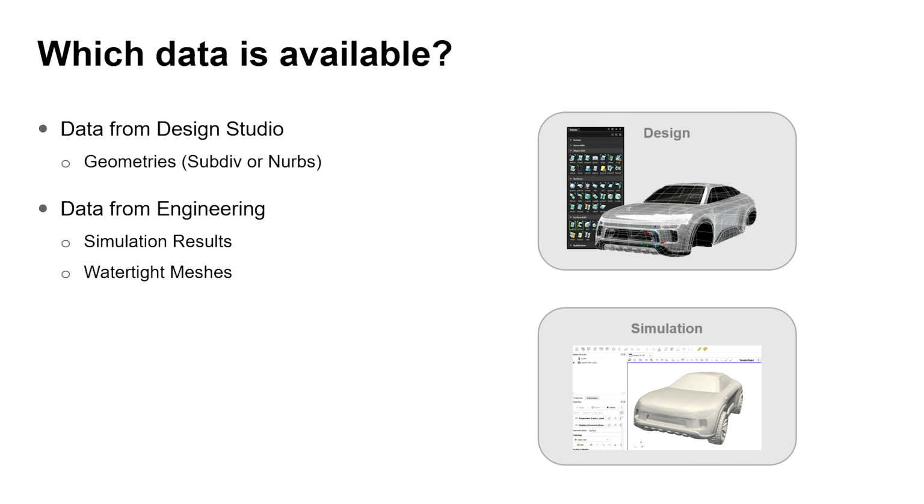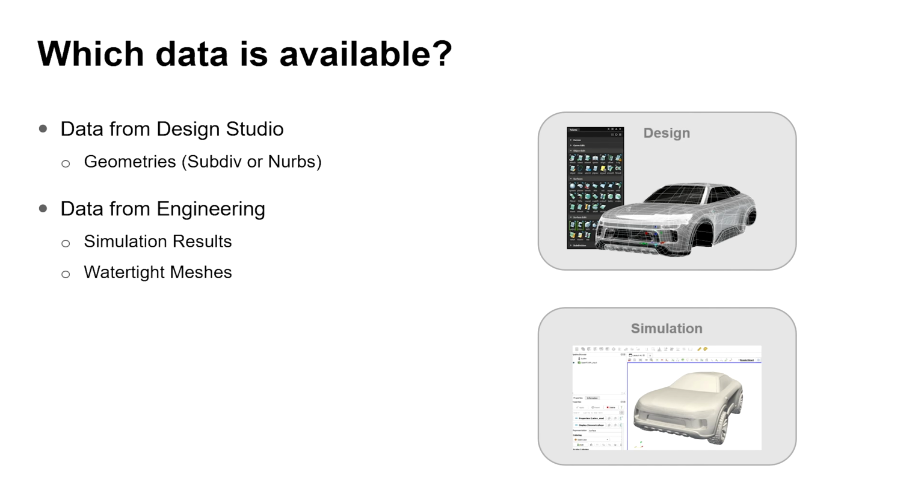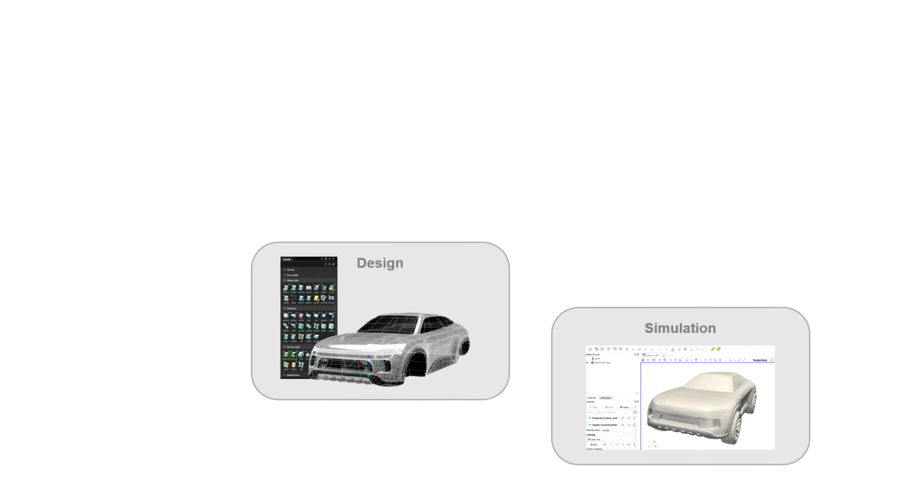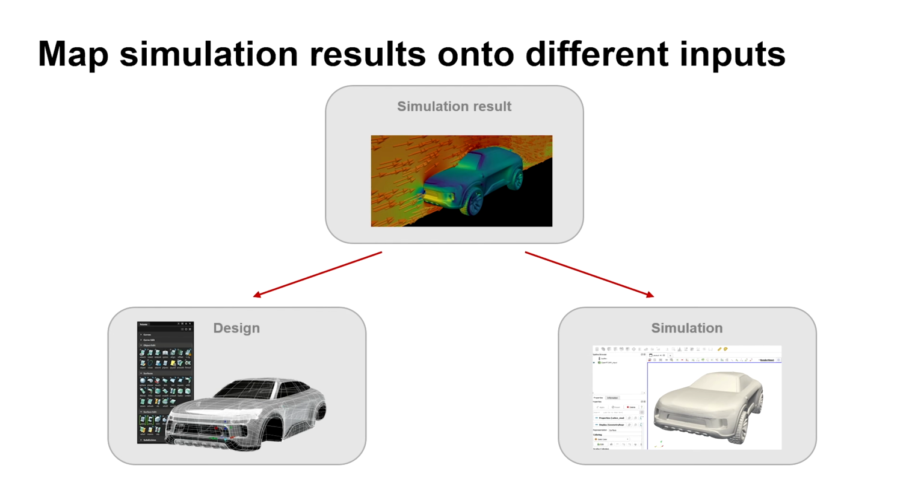Best case scenario is both teams really work together, and we have basically two data streams, because at the end what we want to do to teach the network those different representations is that we map each simulation result or experimental result onto those two inputs.